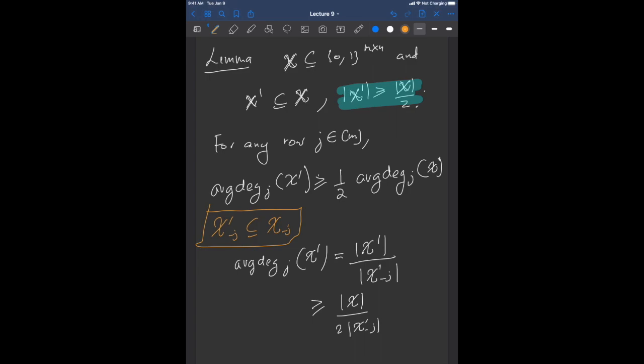So this is the claim: if x dash is a subset of x, then x dash minus j is a subset of x minus j. It's just the simplest claim.